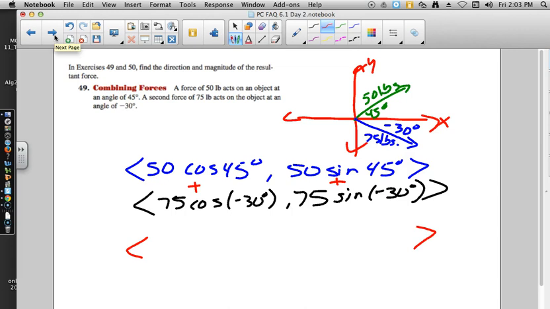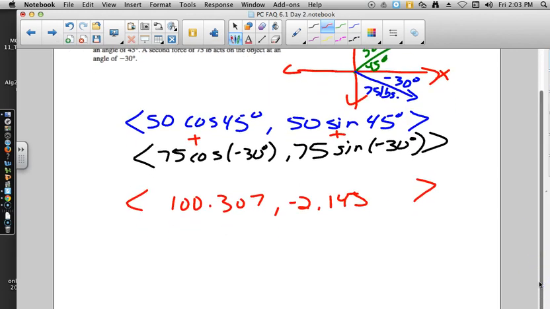And when you punch that in, we have 100.307, comma, negative 2.145. And they want magnitude and direction. So magnitude is again what we get when we do our little distance formula piece.